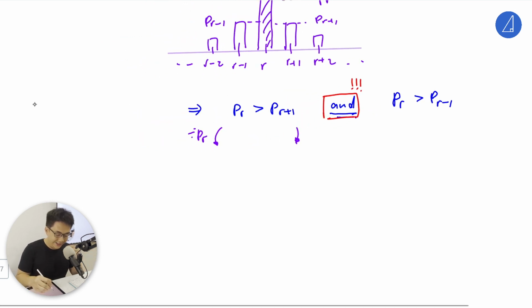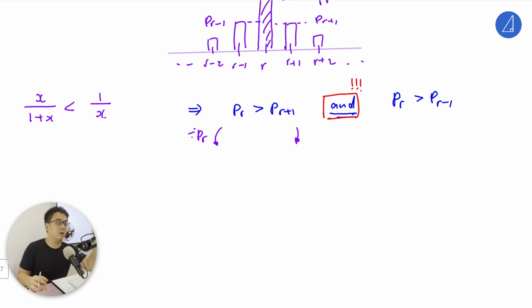In your inequalities, say for example 1 plus x bigger than 1 over x, I cannot divide by x, nor can I multiply both sides by x or x plus 1. Why? Because I'm not very sure if this is positive or negative. If it's negative, remember you need to swap the sign. You cannot cross multiply for inequality sign. You're committing career suicide if you do that, okay?